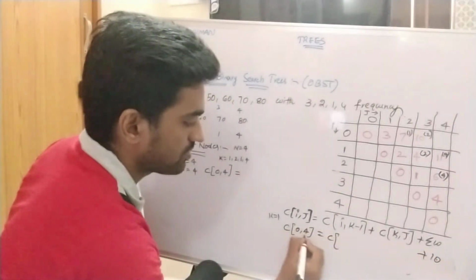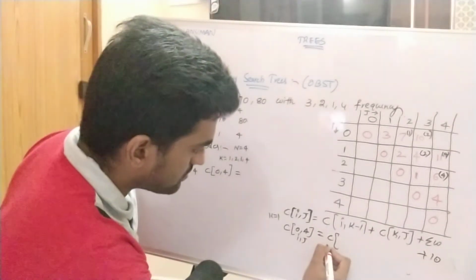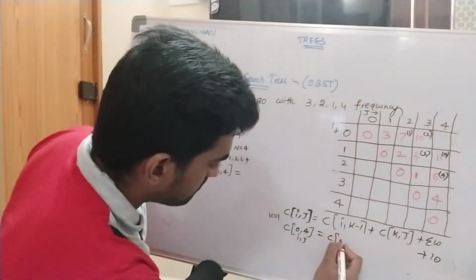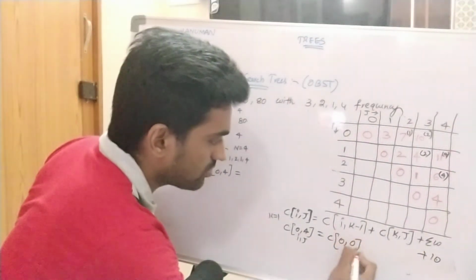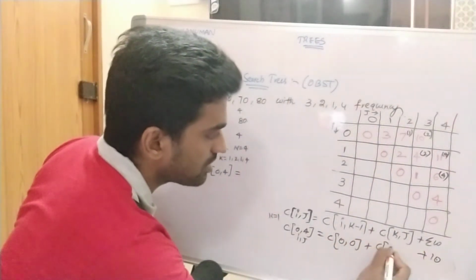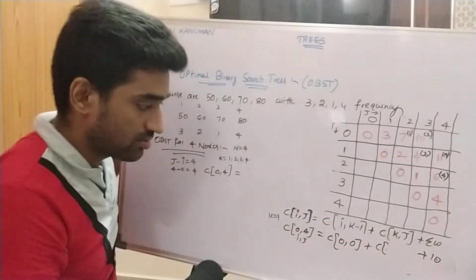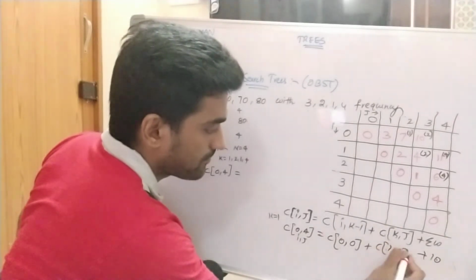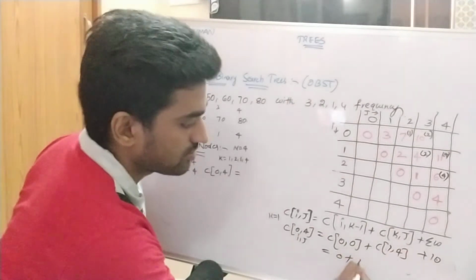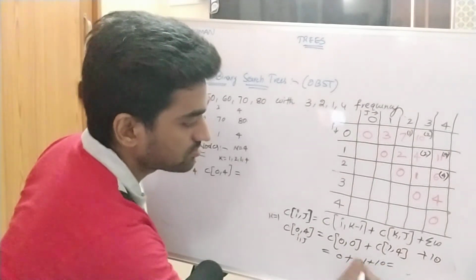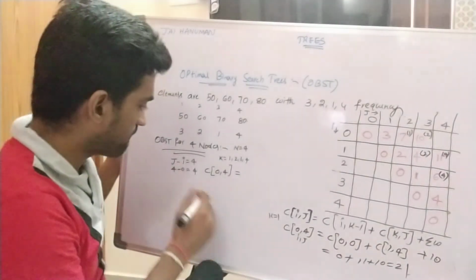So cost of i, j, this is i, this is j. 0 comma 1 minus 1, that is 0 comma 0, plus cost of k comma j, k is 1, so 1 comma 4. 0 comma 0 is 0, 1 comma 4 is 11, plus 10, which is equivalent to 21. Right?